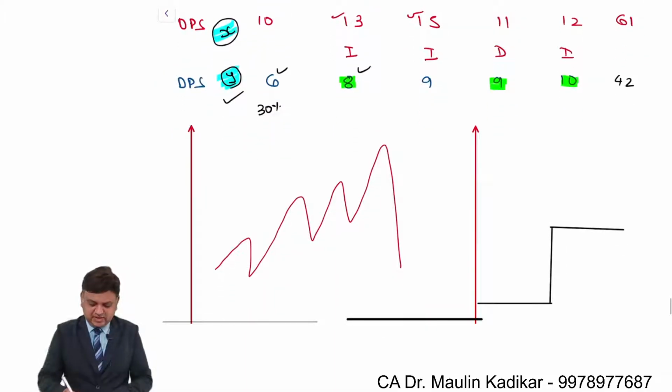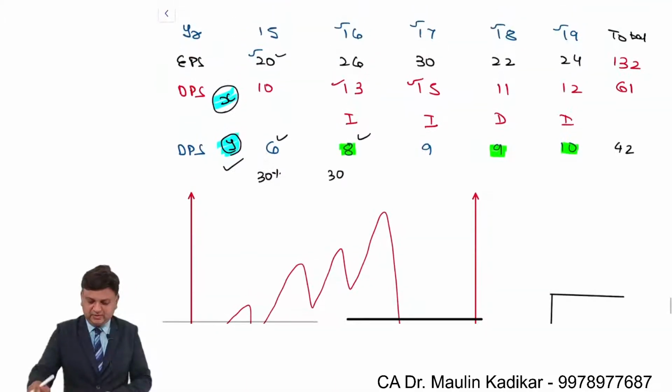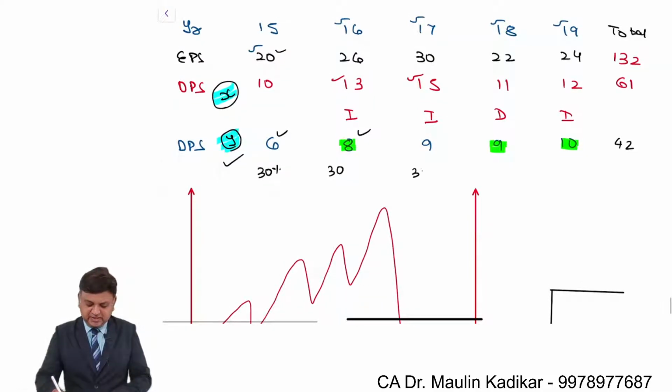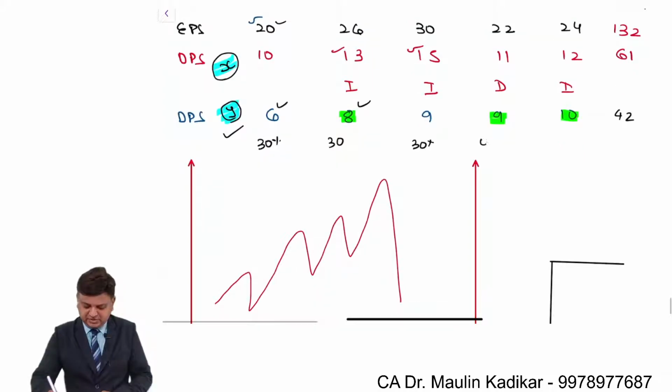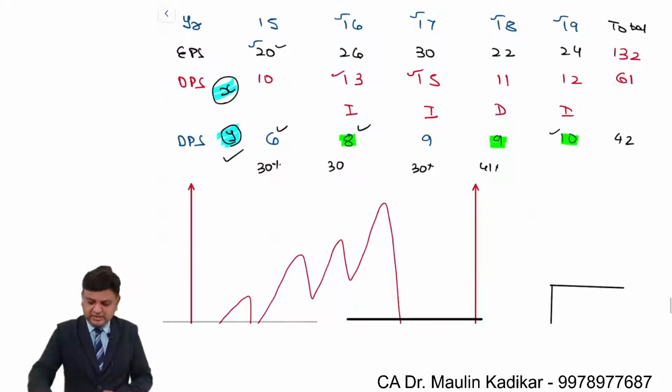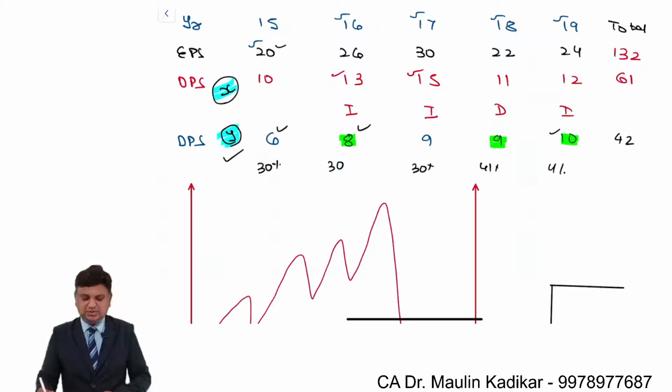It is again approximately 30% dividend payment. 9 upon 30. Dividend is again 30%. 9 upon 22. In that case it is 41%. 10 upon 24. In that case it is again about 41%.